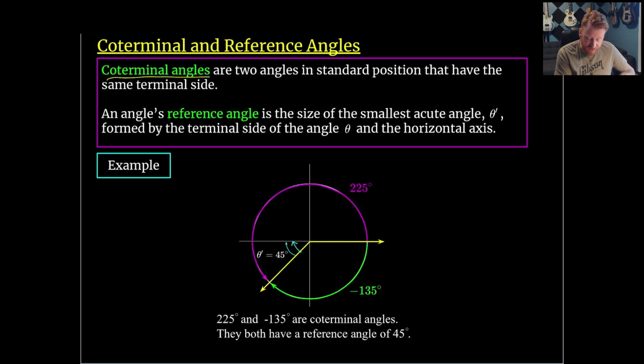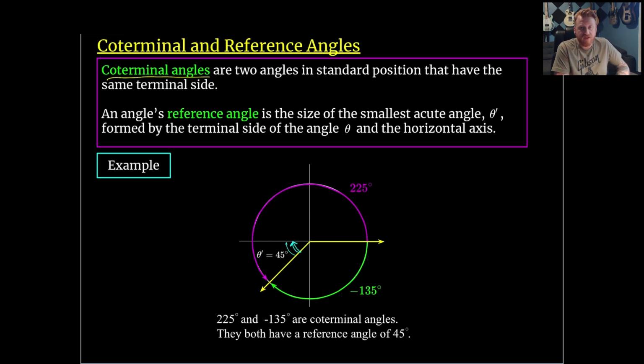But here that's just 45 degrees. So we're just mapping straight back to the closest horizontal axis, and we get an angle of 45 degrees. I have it summed up at the bottom here that 225 and negative 135 are coterminal angles, since they have the same terminal side, and they both have a reference angle of 45 degrees.